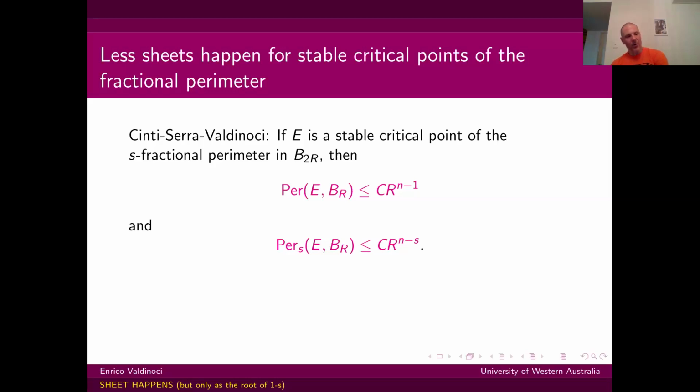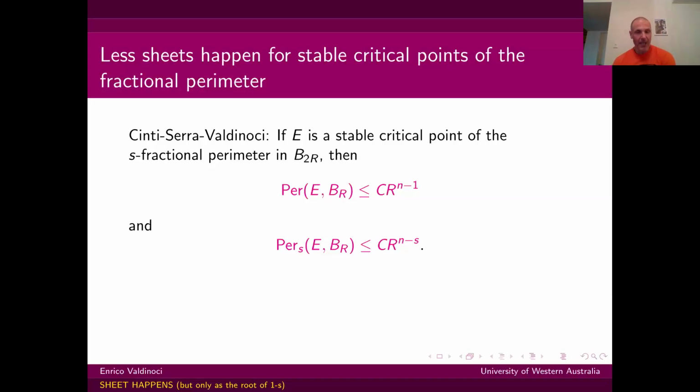So first of all, there is no dimension assumption in this theorem. So this is somehow the only regularity theorem for non-local minimal surfaces that is valid in every dimension. And here you don't even need minimality.